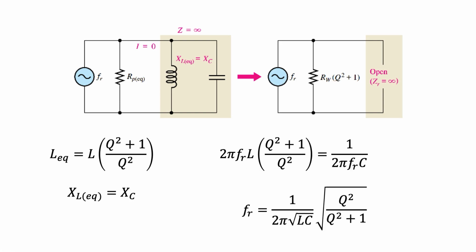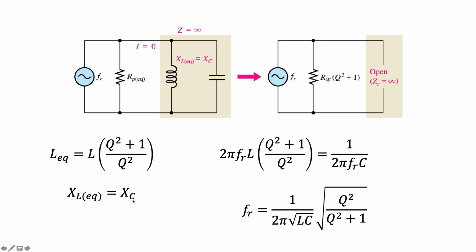Notice that the tank circuit's inductive reactance changed. Since the inductance changed by a factor of Q squared plus 1 over Q squared, what would happen to the resonant frequency then? In other words, what is the resonant frequency in the non-ideal tank circuit? The definition of resonance is when the inductive reactance is equal to the capacitive reactance.